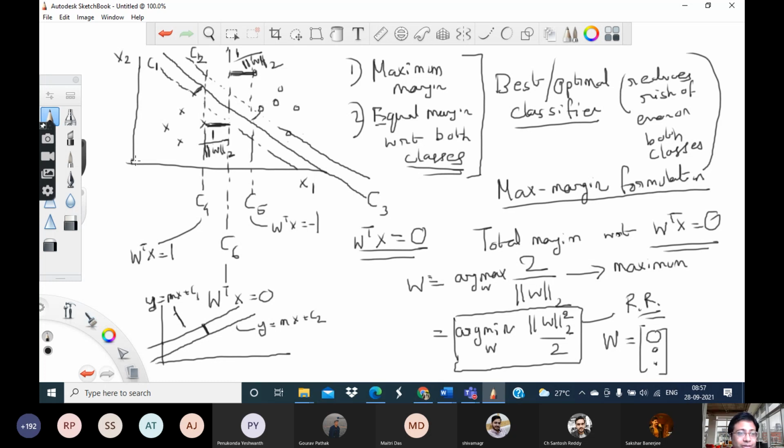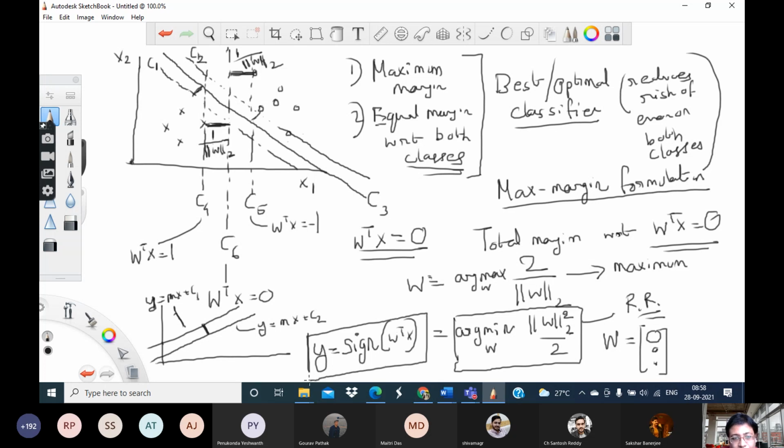So what does that mean? It's not that we are doing the classification meaningfully. What will my classifier be in that case? My classifier after all is this one, sign of W transpose X, right?